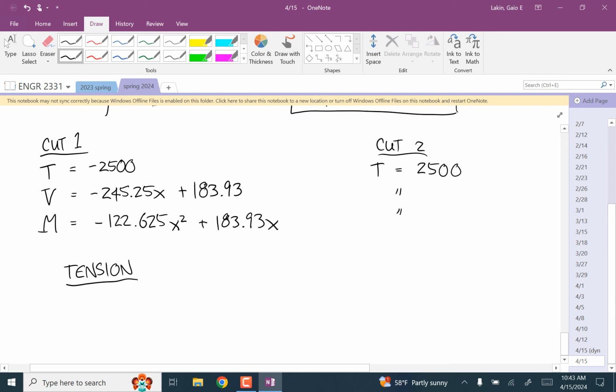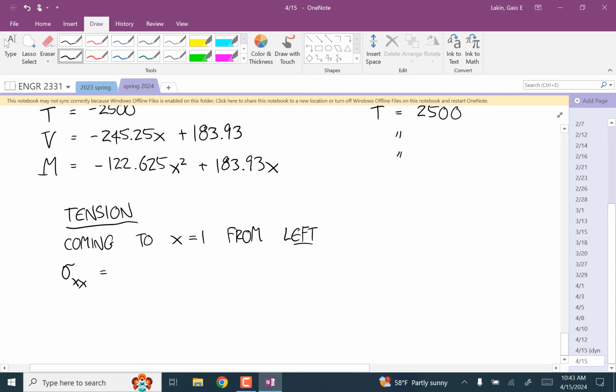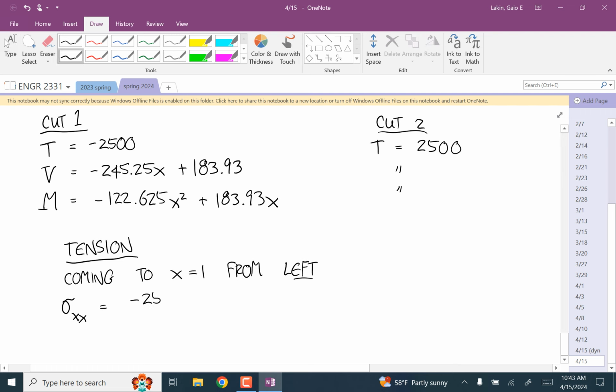The stress tensor due to the tension: if you're coming to x equals 1 from the left side, the xx element of your stress tensor is equal to negative 2,500 divided by the cross-sectional area, and you get negative 1.39 times 10 to the 6.